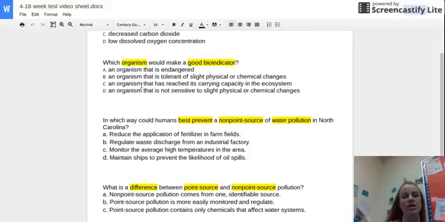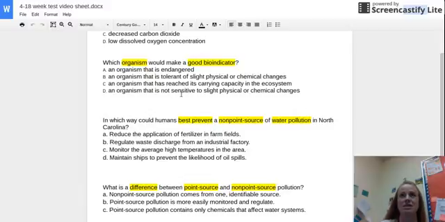So it says A, an organism that is in danger. That's not going to help me with the pollution in the water. B, an organism that is tolerant of slight physical or chemical changes. Okay. C, an organism that has reached its carrying capacity in the ecosystem. Well, that one doesn't really have anything to do with pollution. D, an organism that is not sensitive to slight physical or chemical changes.